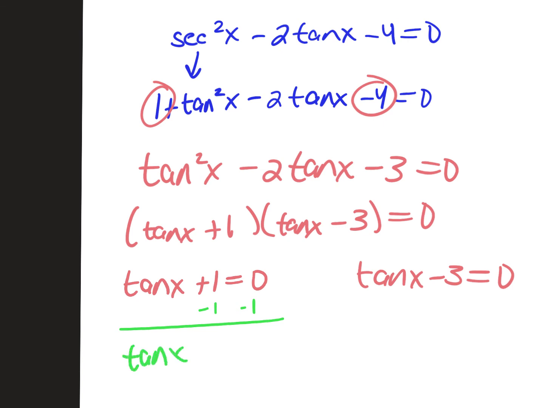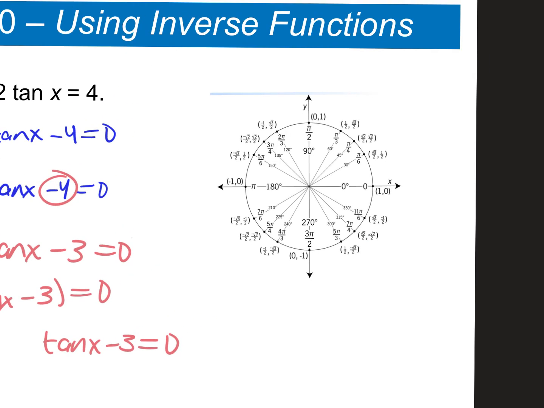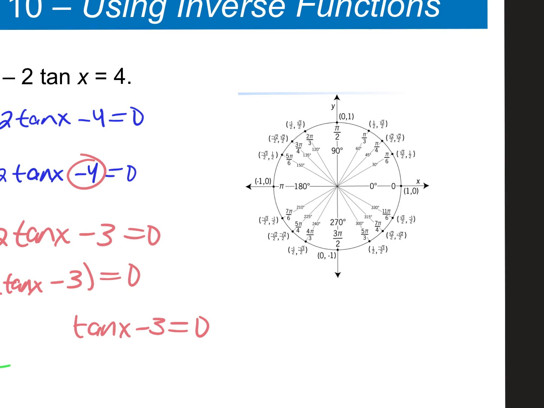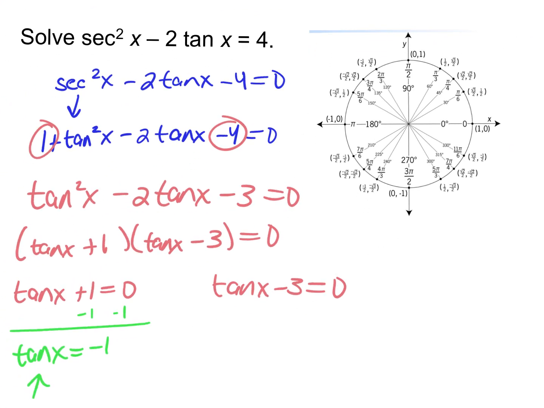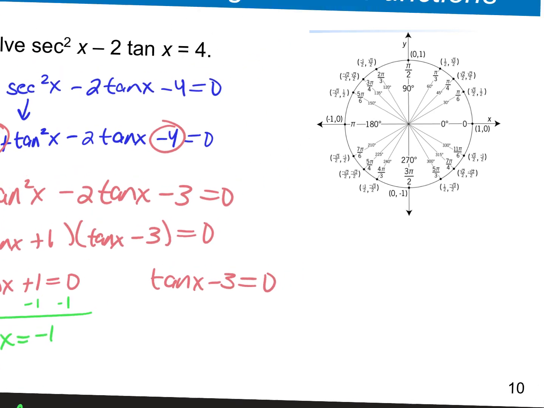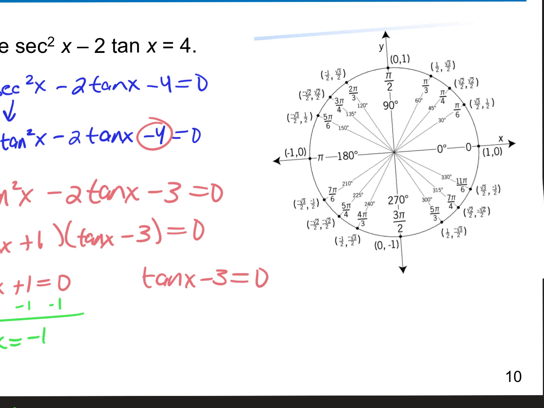So I'm looking where the tangent of x is negative 1. Well, remind yourself, guys, how do you find tangent? It's the y over x values. So go over to your unit circle, and you're looking for the values where you put y over x to equal negative 1. So think about, guys, in order for something to be 1, you divide by itself.